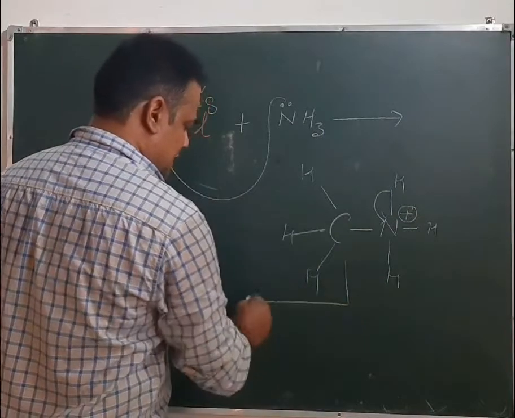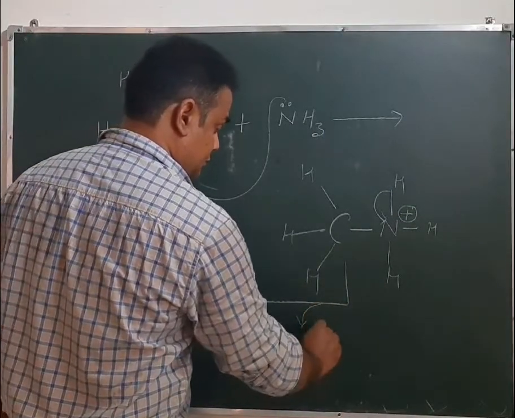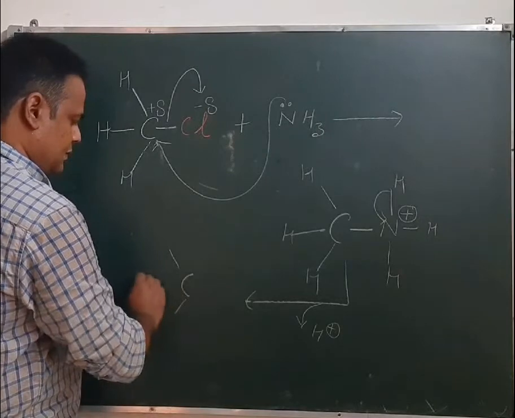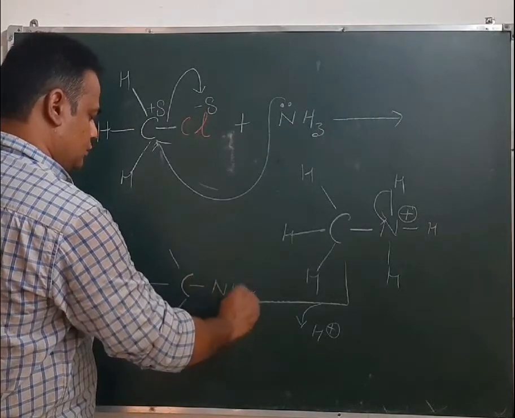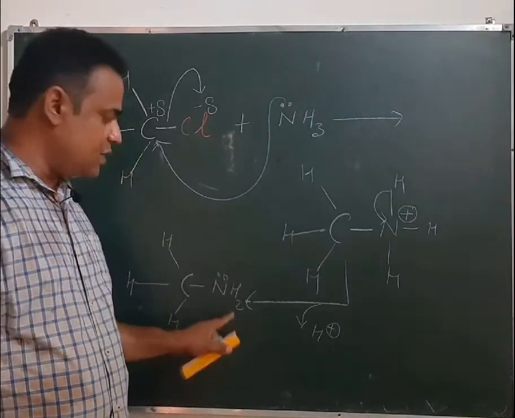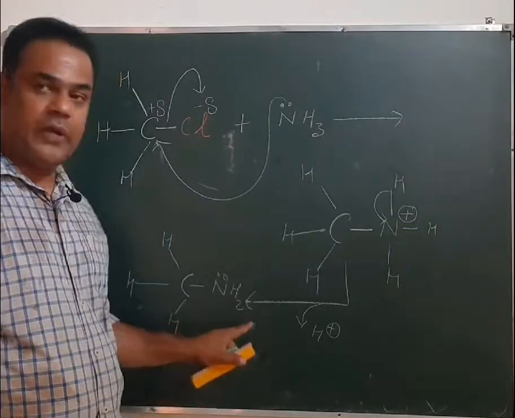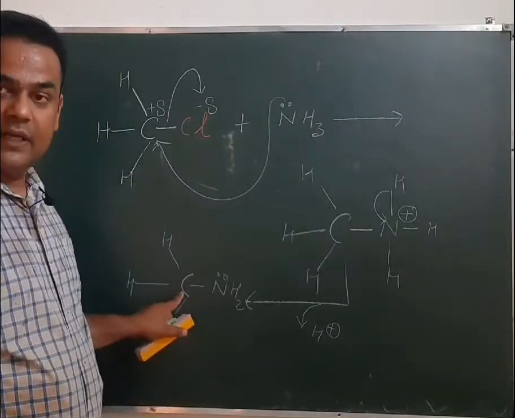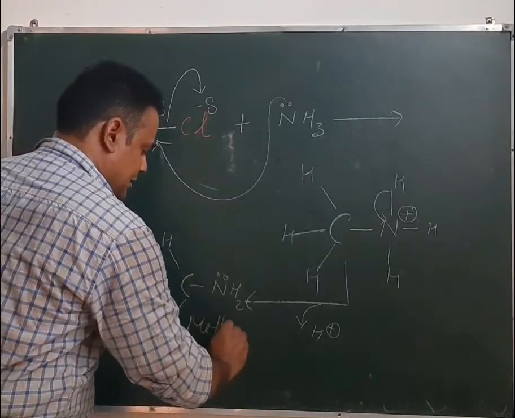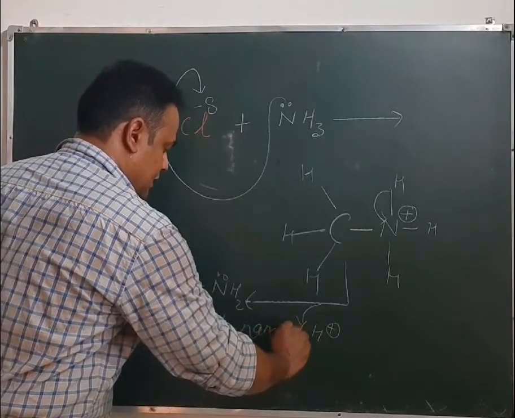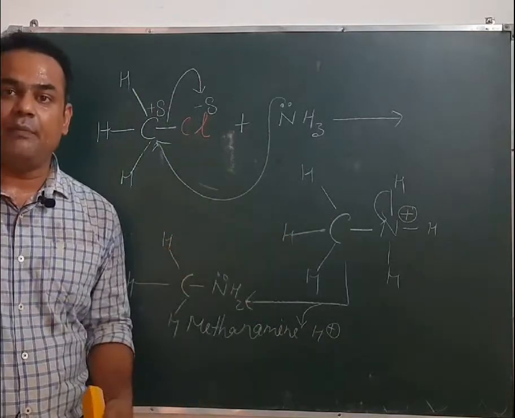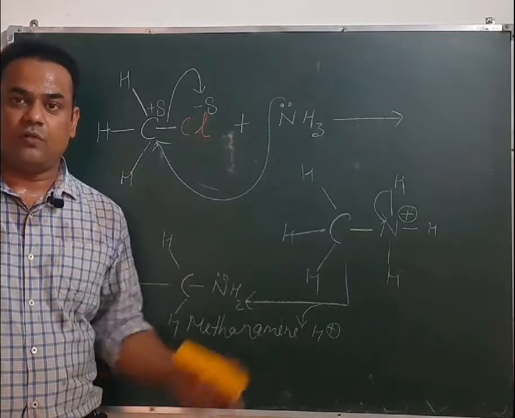So you can see here there is liberation of H plus ion, and there will be formation of NH2. When the NH2 group is attached, what is the name of this group? Amine. The functional group name of this NH2 group is amine, and one carbon is there, so the name of this compound will become methanamine. So you can see it is following the same pattern of reaction as water was following.